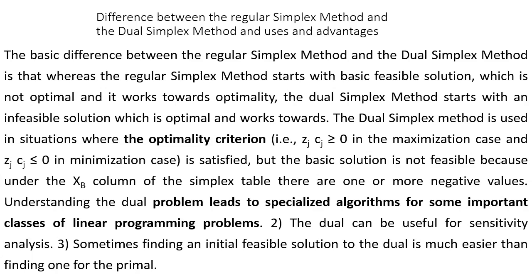Understanding the dual problem leads to specialized algorithms for some important classes of linear programming problems. The dual can be useful for sensitivity analysis, and third, sometimes finding an initial feasible solution to the dual is much easier than finding one for the primal problem.